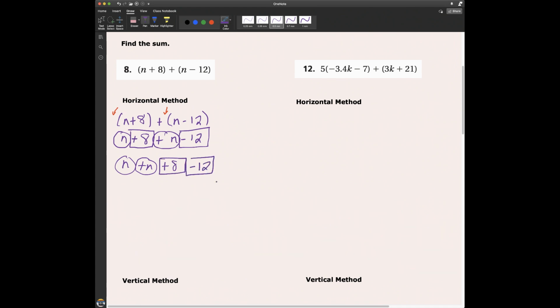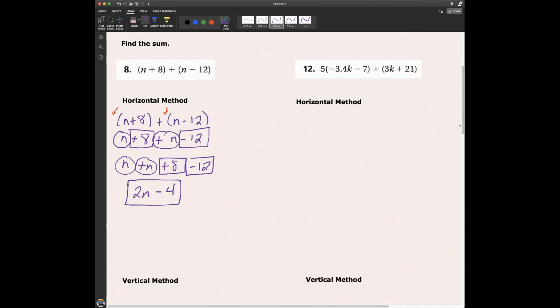And I can go ahead and combine these terms. So n plus n is 2n. Positive 8 minus 12 is negative 4. Then I ask myself questions. Are there parentheses? No. Are there any like terms? No. So this expression is in simplest form.